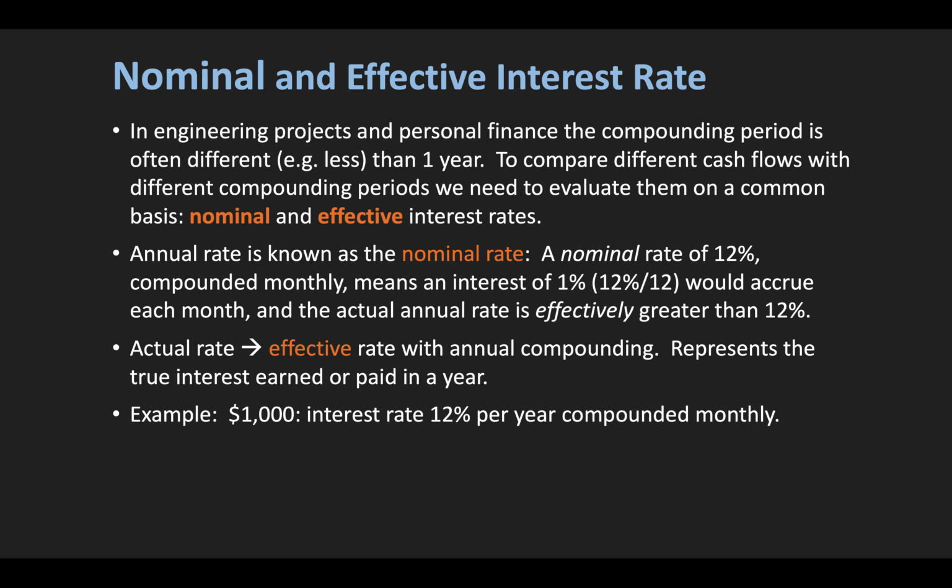If it's yearly and the rate is 12%, you can easily calculate at the end of 1 year how much money you owe the bank. It's just 1,000 multiplied by 1 plus 0.12, which gives you $1,120. That's how much you're going to owe the bank, so at the end of year 1, you pay that much.